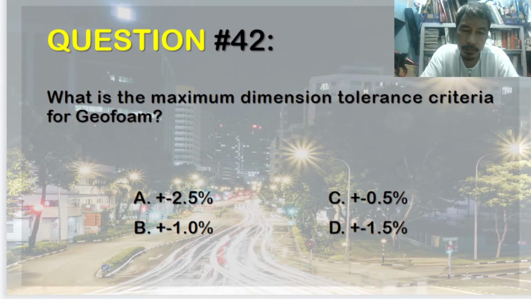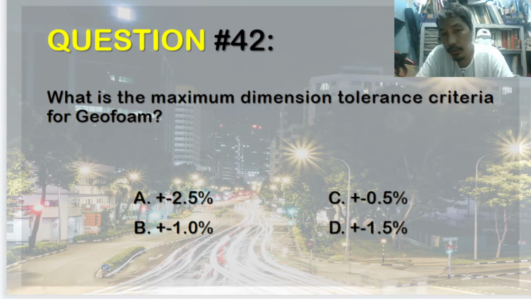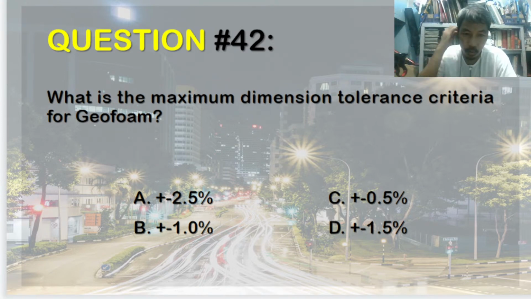It is a very high tolerance, no? Actually, not very high tolerance, meaning it is a good tolerance criteria. It is so accurate, only 0.5%, 1.5%, 1%, 2.5%.